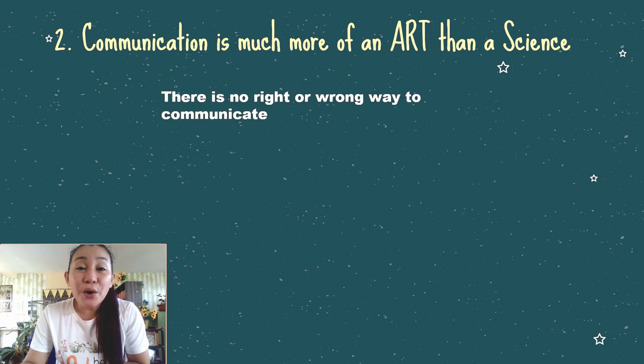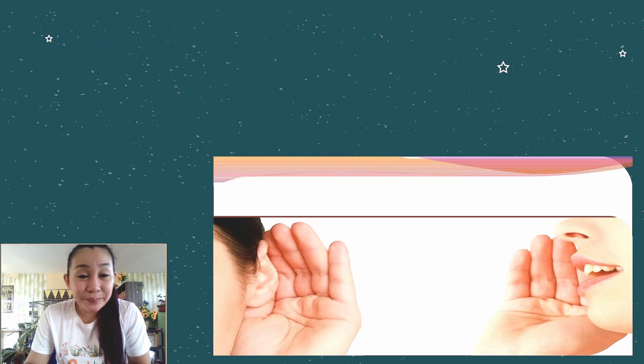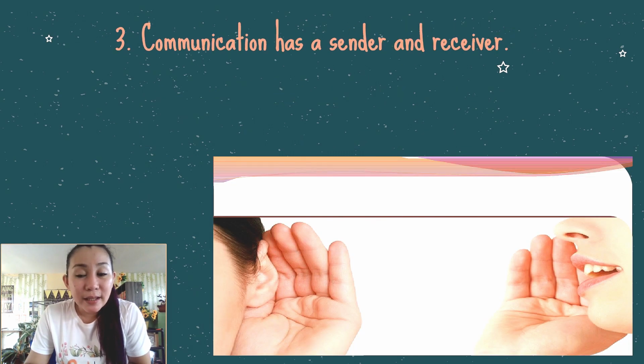But for professionals, for students, if you really want to be an effective communicator, that is the reason why we have to follow ways on how we communicate. Next, what have you seen in the picture? Someone is speaking, while in the other picture, someone is listening.